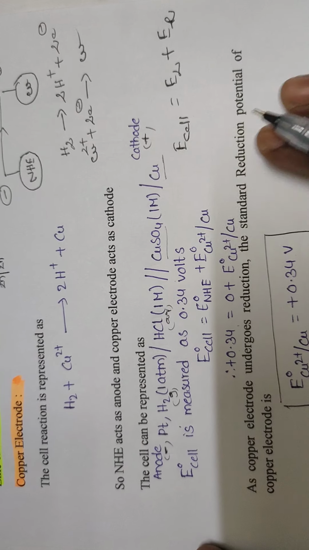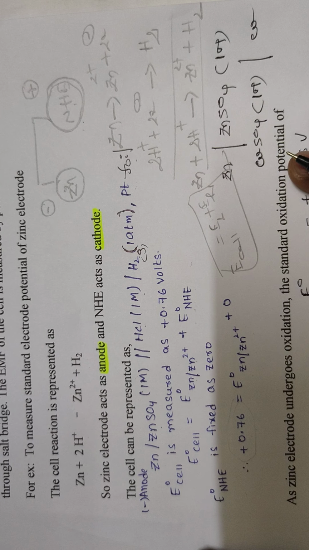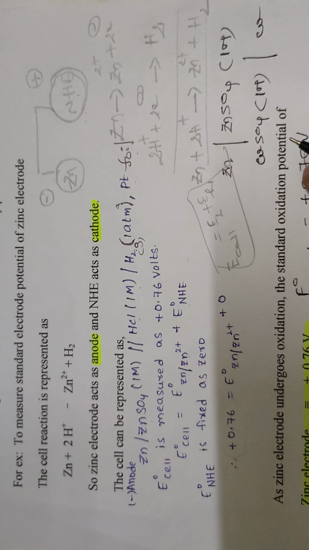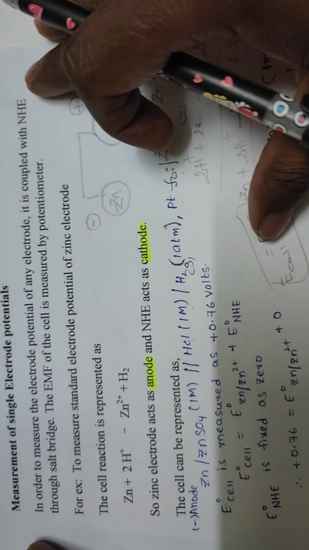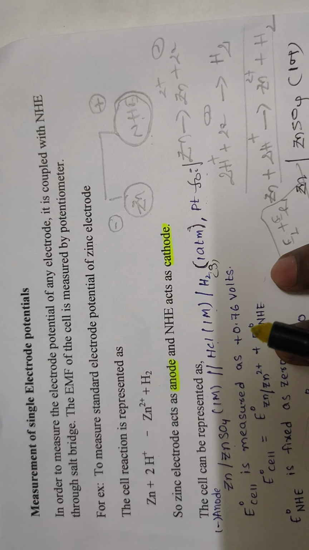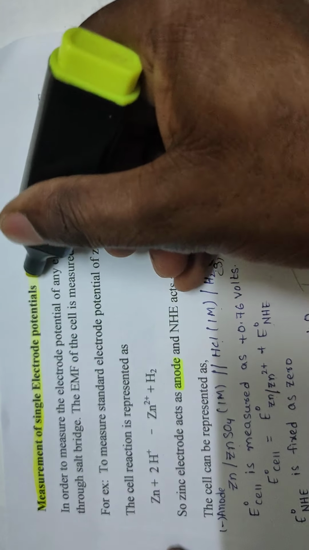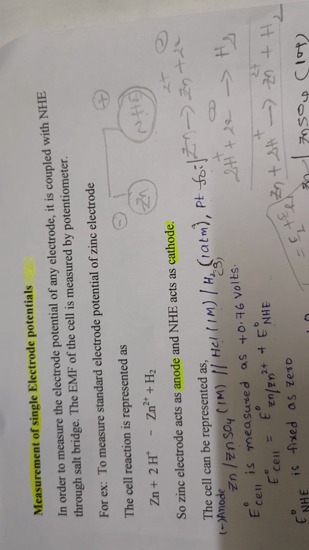Okay students, how to measure the single electrode potential of any metal when it is connected to the normal hydrogen electrode? The normal hydrogen electrode is a reference electrode. That is why it changes its behavior with the connected electrode. If the connected electrode acts as anode, the normal hydrogen electrode acts as cathode. If the connected electrode acts as cathode, the normal hydrogen electrode acts as anode.